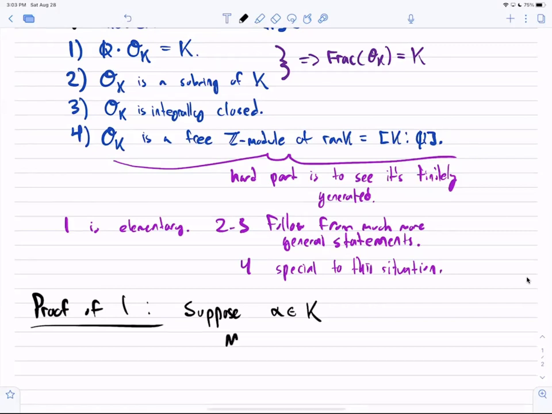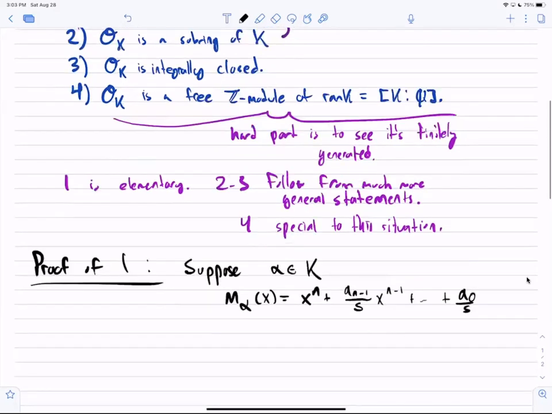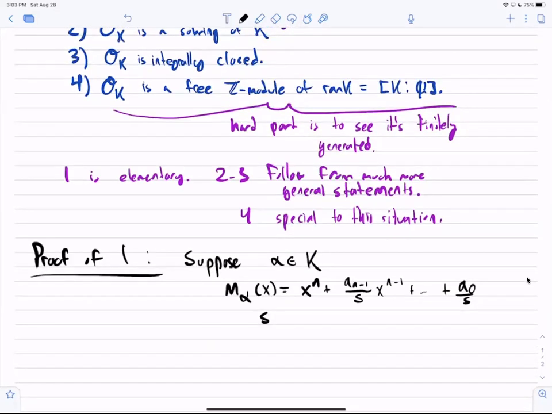Let me write the minimal polynomial m_alpha of x the following way: x^n plus a_{n-1} over s times x^{n-1}, all the way up to plus a_0 over s, where the a_i are in Z, and I've chosen a common denominator s for the coefficients.